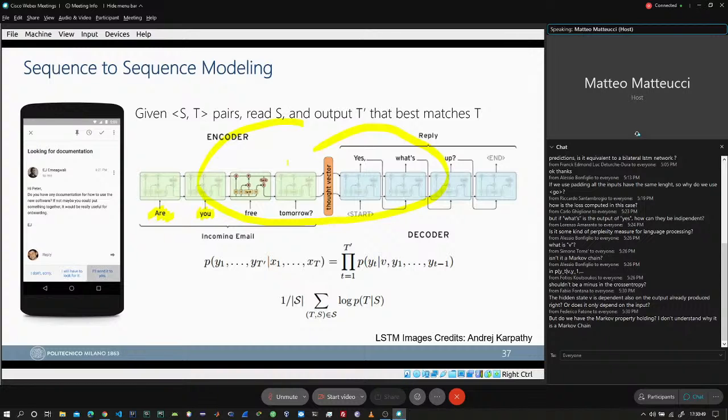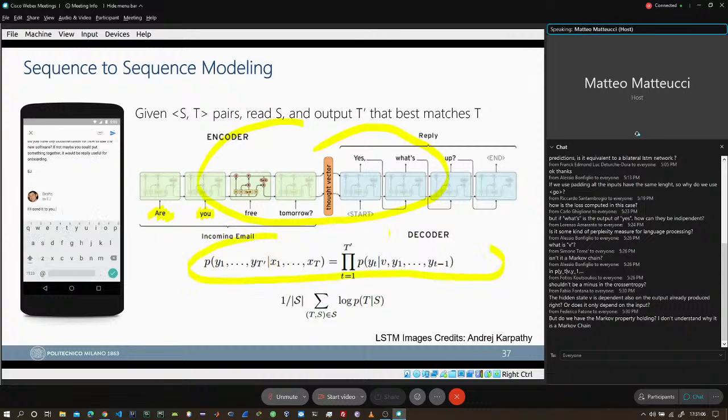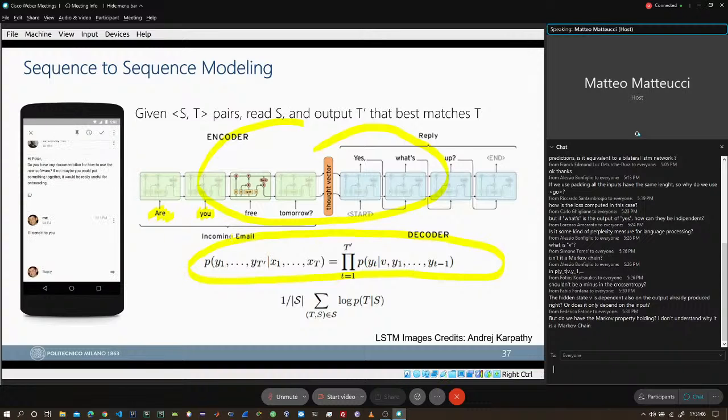I see that someone is asking why we assume this Markov property to hold. Does it really hold, that we can consider the joint probability of a text as the probability of one word given the previous one, and so on?